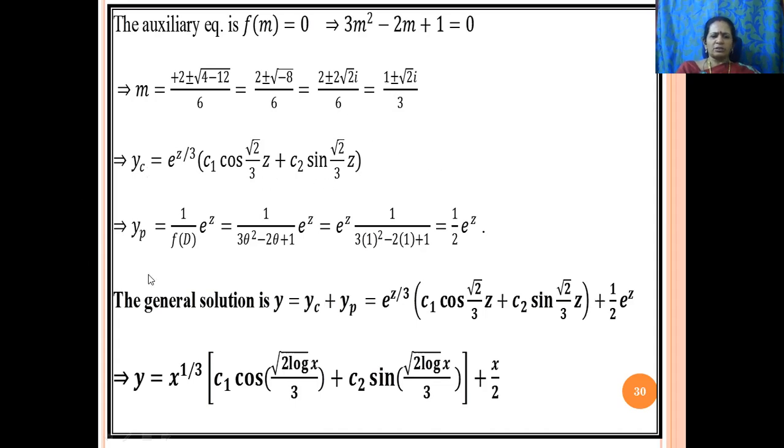According to that, use the formula, then find out yc, then find out yp using the particular solution. Different patterns are there; we have discussed in the previous lessons. According to that, simplify this. If it is e power az, directly you can substitute, then the value of a is substituted in this, we will get yp, then write down the general solution.